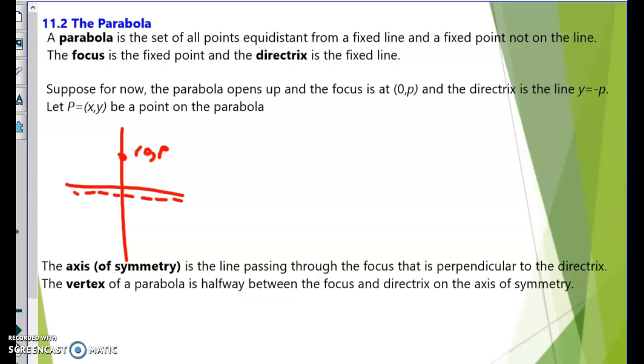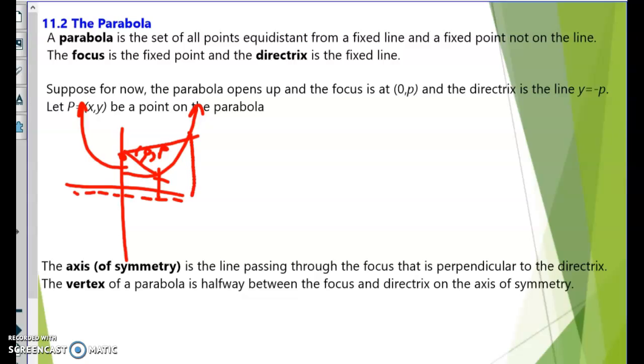Let P be some x, y, a point on the parabola. So what we got going on here is all of these points, if this distance is whatever that is, the distance straight down there, those two have to be the same distance.